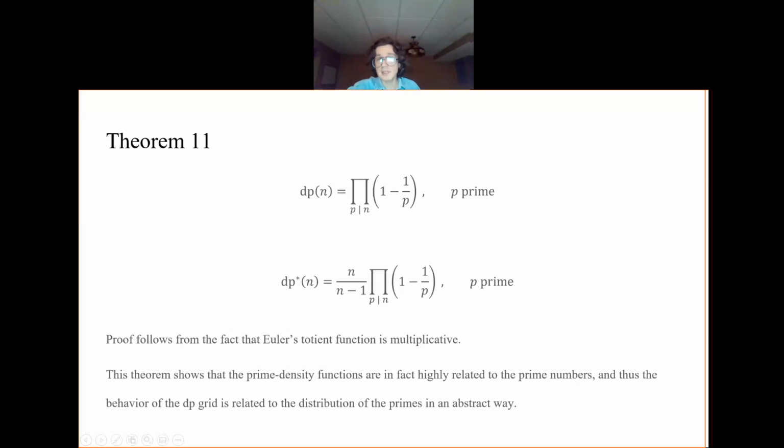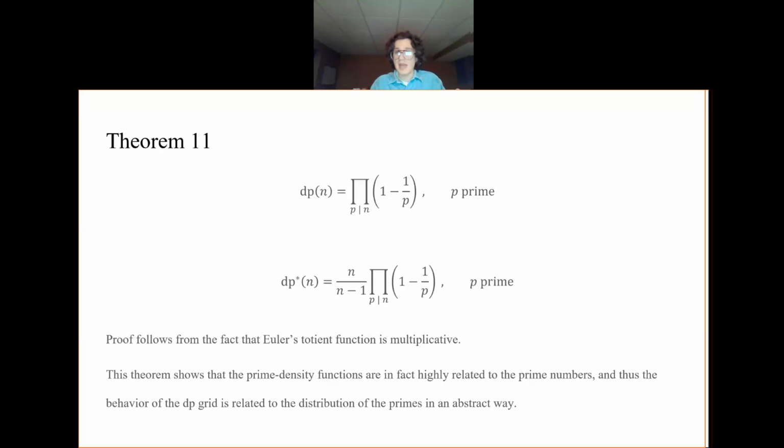Now, theorem 11 is interesting. The proof follows from the fact that Euler's totient function is multiplicative, but what this theorem shows is that the prime density functions are in fact highly related to the prime numbers, and thus the behavior of the dp grid is related to the distribution of the primes in an abstract way. So when you look at that grid, you really are seeing the prime numbers at work.